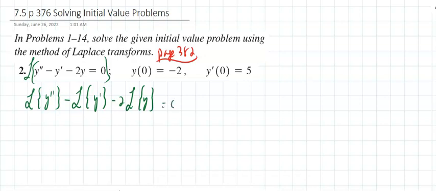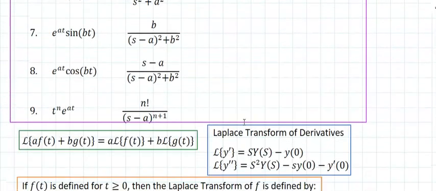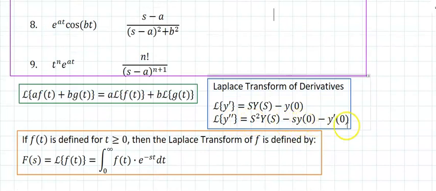And that should be 0. Now, if I look at the formula sheet, and again, this is provided, you could use that on your test, it's right there.